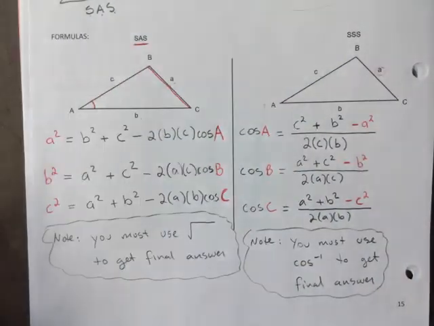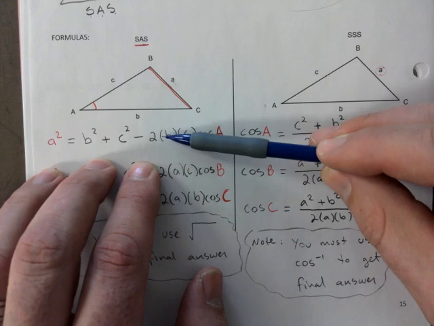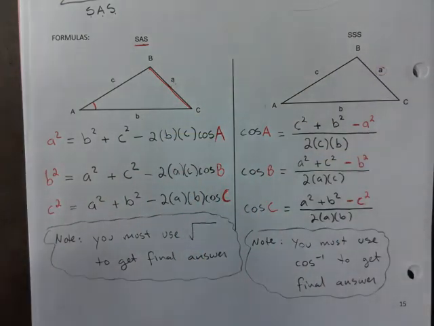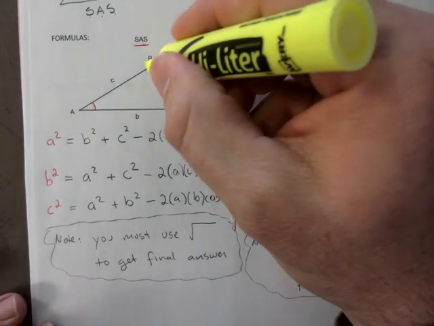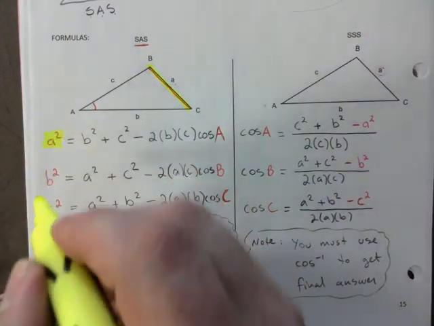The two formulas I asked you to have, one of each, are for when it's SAS and when it's side, side, side. I was thinking I'm going to fill this with some color today. Okay, the formulas one more time. Maybe I'll just focus on this first formula right here.